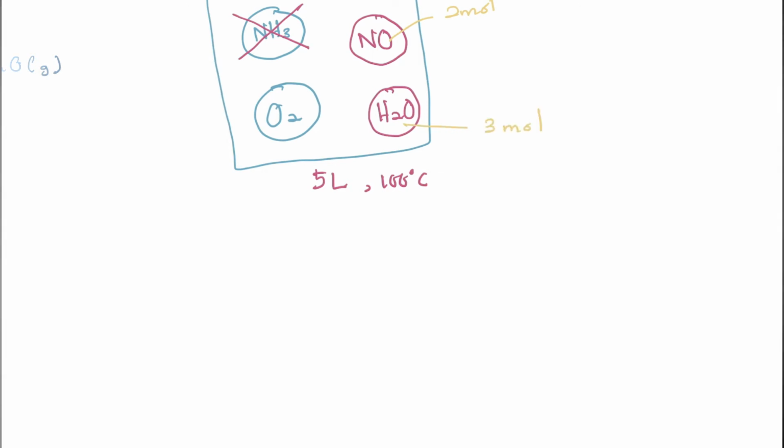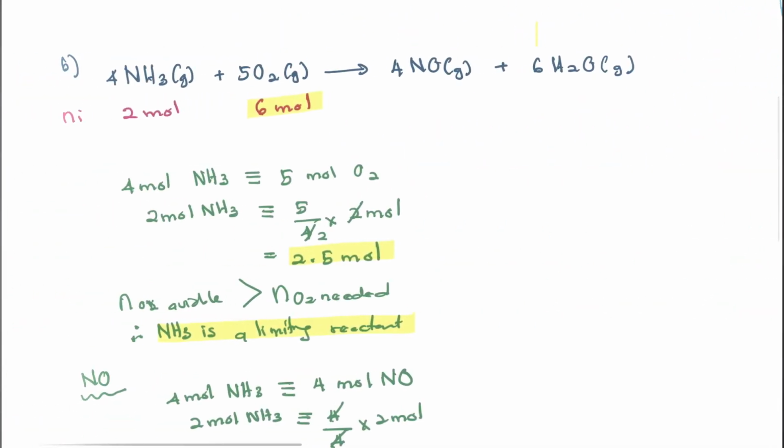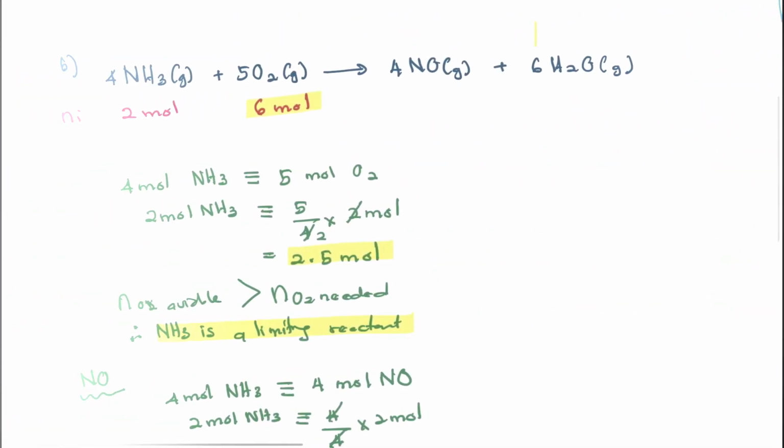How many mole of oxygen in the tank are left over? For the oxygen, we can write like this: initial mole minus mole being used, and you can get the value. The initial number of mole oxygen given is 6 mole, and the number of mole oxygen used is based on this comparison, which is 2.5 mole.